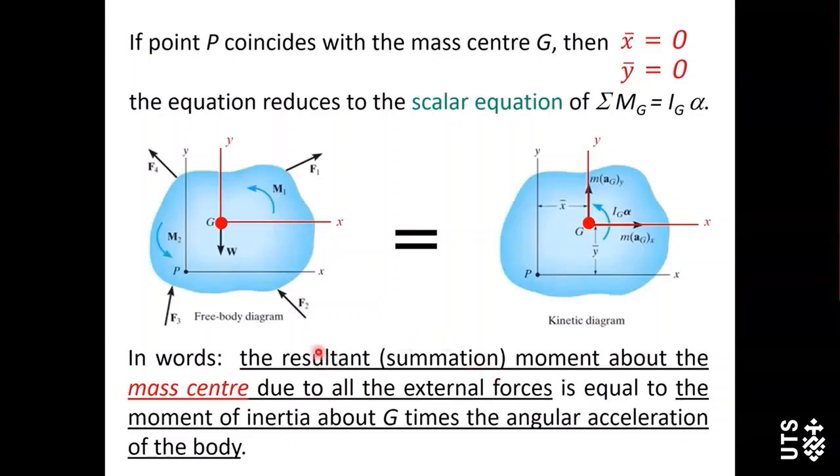This rotation component tells us the resultant moment about the mass center point G, due to all the external forces, should be equal to the moment of inertia about mass center point G times the angular acceleration of this body, alpha.